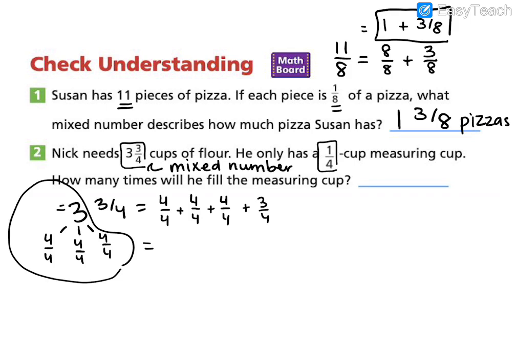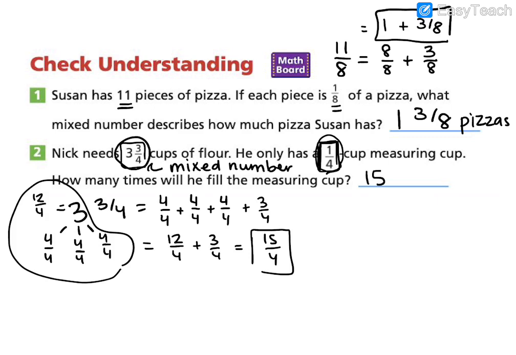I know there are 12 fourths in 3 wholes, plus my additional 3/4 will tell me that I have 15 fourths. So in order to use 15 fourths cups of flour using a 1/4 cup, he'll need to fill that 15 times.